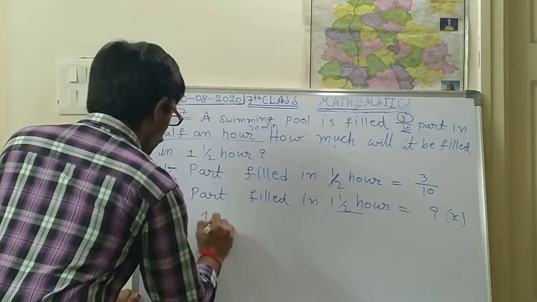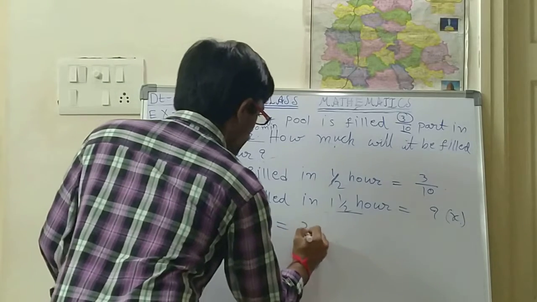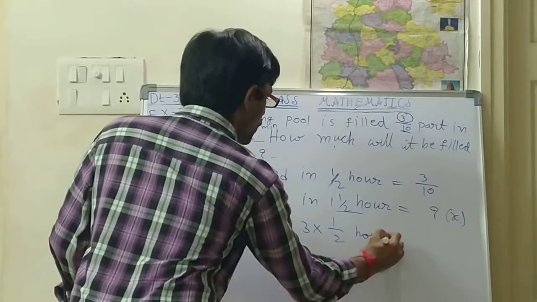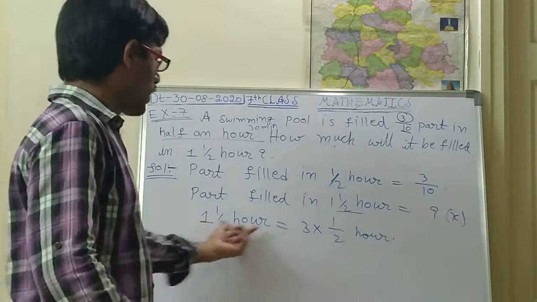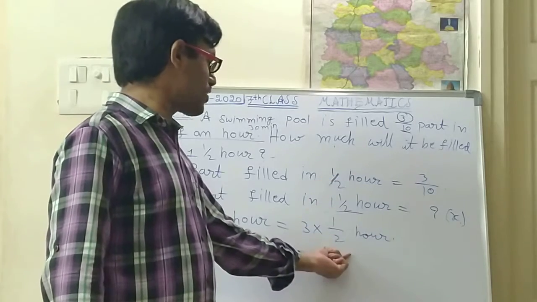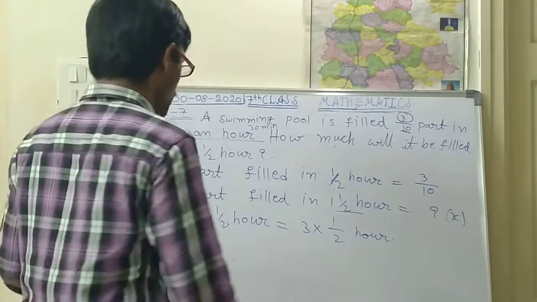So first write down: 1.5 hour is equal to 3 into 1 by 2 hour. Okay, 1.5 hour means 3 times half an hour. So if you add half an hour 3 times, you get 3 into half an hour.